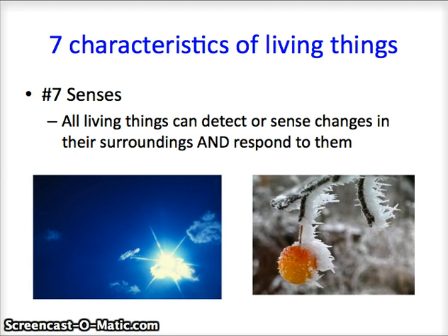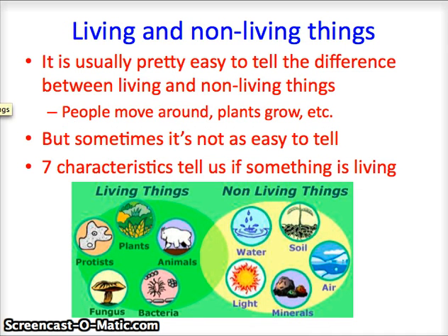Viruses, like when you get a cold and you get a runny nose, that's usually caused by a virus, or human immunodeficiency virus is HIV. So there's different viruses that our bodies can get, and the actual virus itself is hard to tell if it's living or non-living.